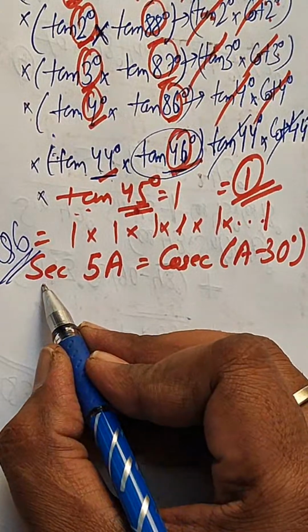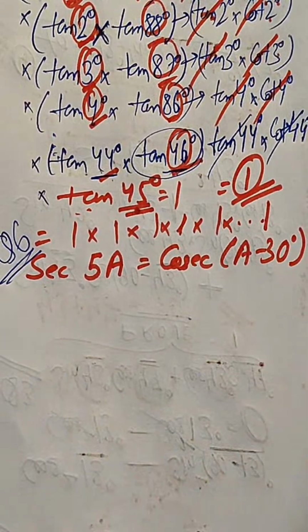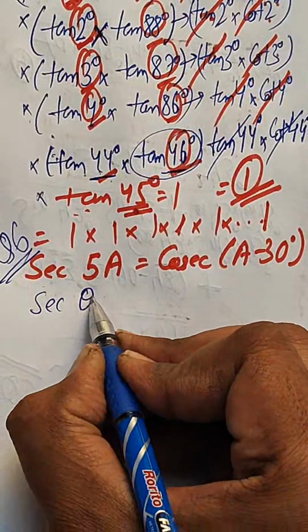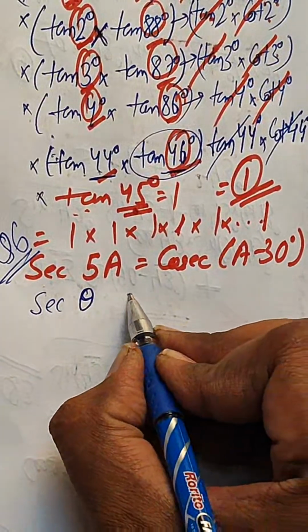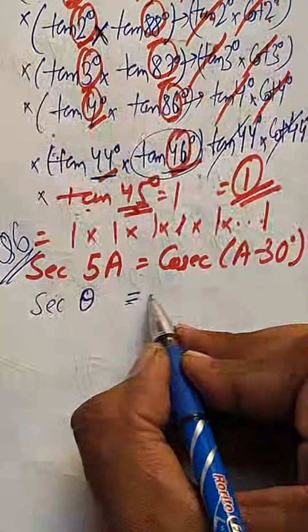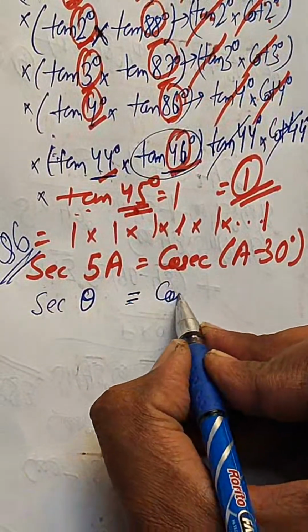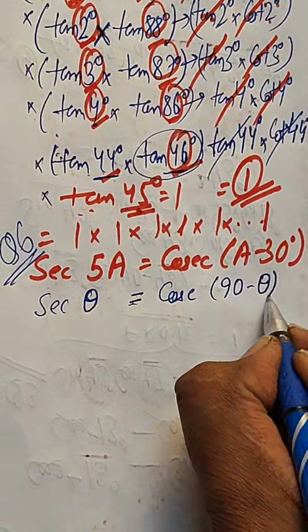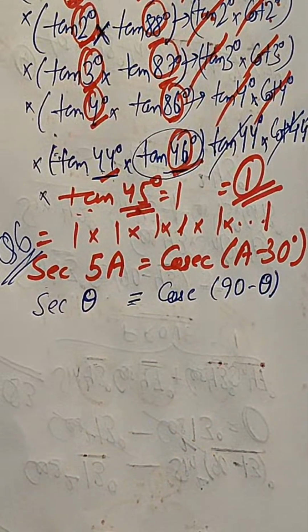If you remember the concept of complementary angle, if sec theta is written in terms of cosec theta, we can write sec theta as cosec 90 minus theta, isn't it?